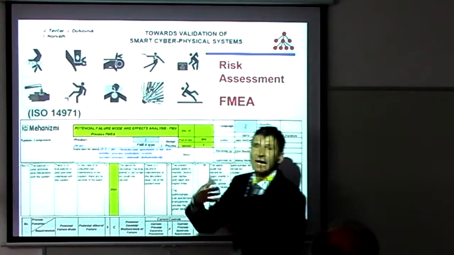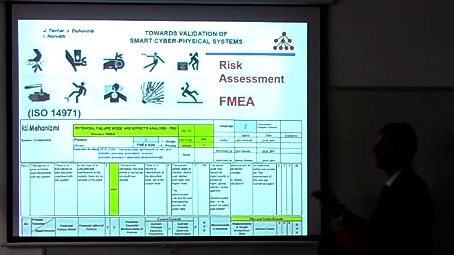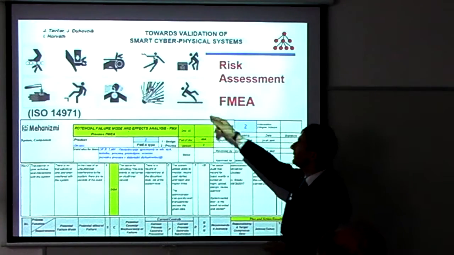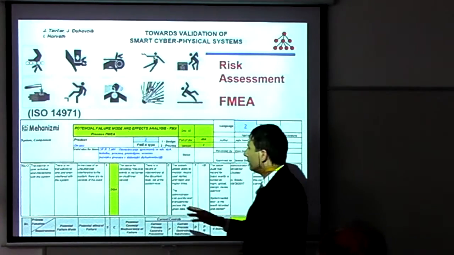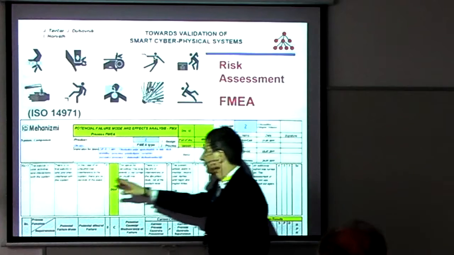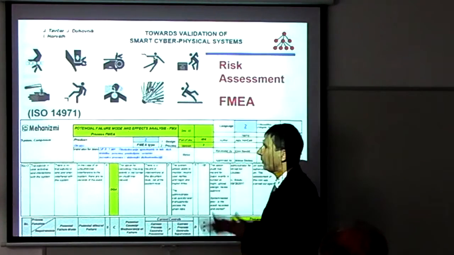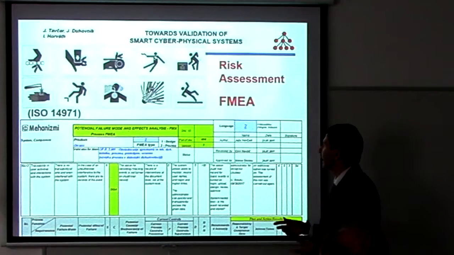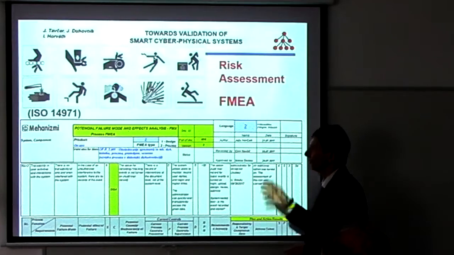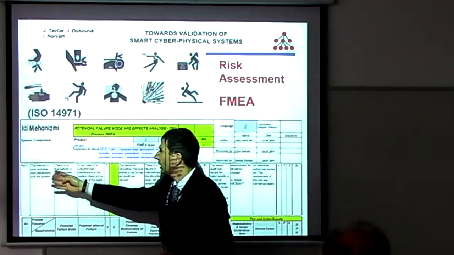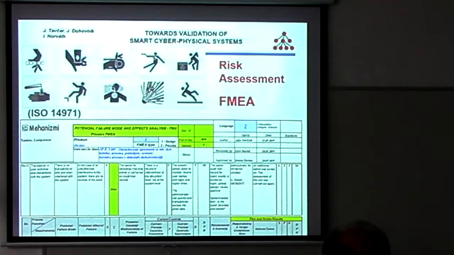They guide us on what the potential risks are, and it's like a checklist of what we should think about. And then we assess each risk, how critical it is, and we decide, does it need validation or not? For example, in this case, we are checking traceability in an information system.